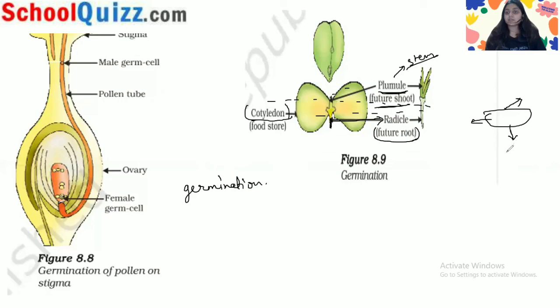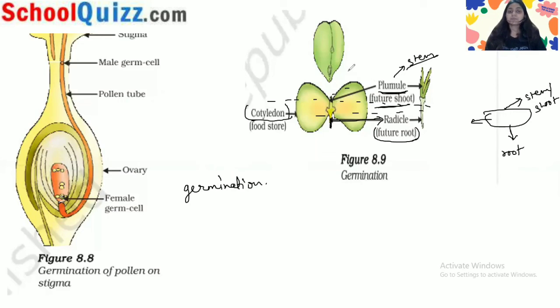The radicle goes into the soil and turns into a root, the plumule goes upward and turns into a stem or shoot, and the cotyledon provides energy to grow the plant.